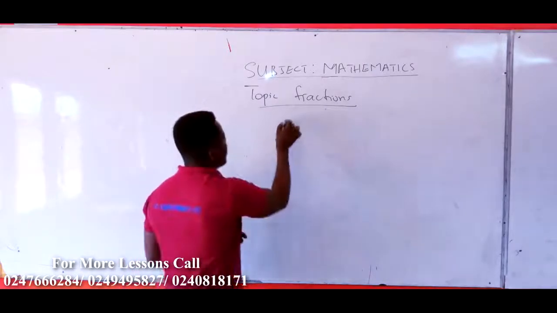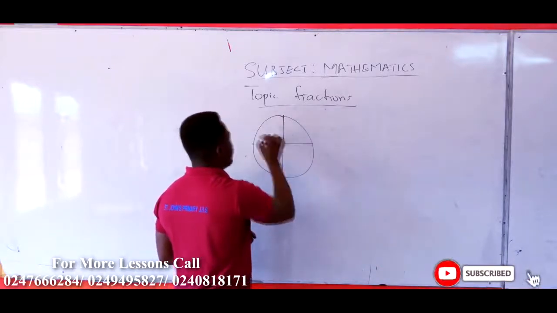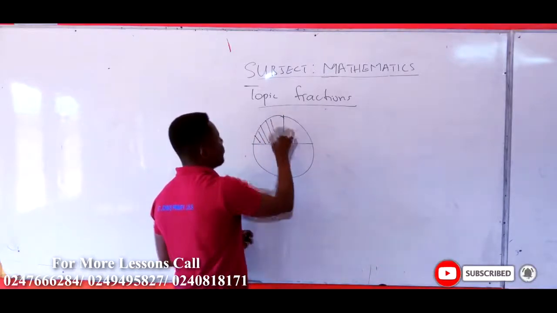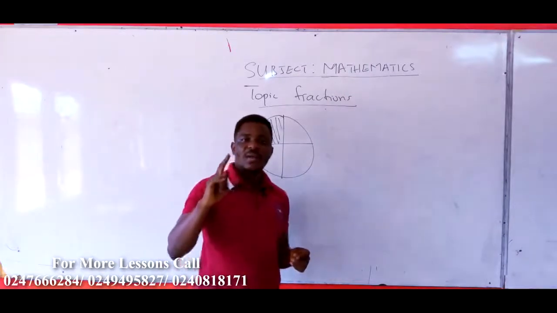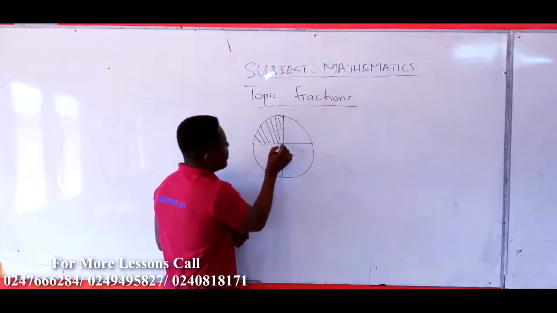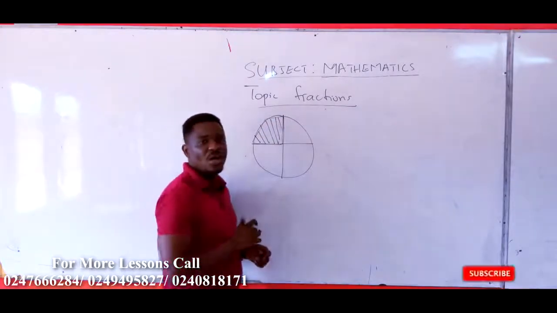Look here, this is an orange, and I have divided it into 4 equal parts. Now when I take one part of it, this shaded portion is a fraction of the entire object.